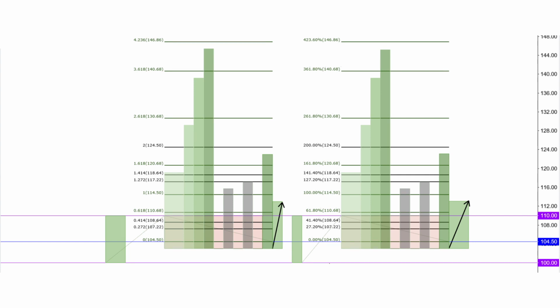In this case, it is a $1.50 move with 0.3 now at 104.50 instead of the original 103 position. However, the proportions still remain unchanged. The 3.618 level is still $30 or 300% of the base trend's distance away from the 0.618 level.